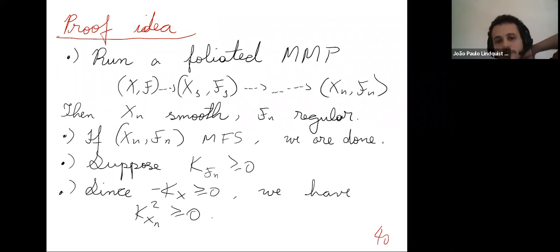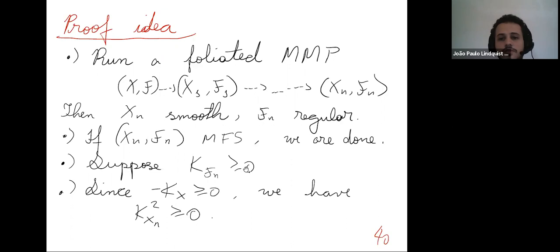We saw that this ends up with X_n smooth and F_n regular. If (X_n, F_n) is a Mori fiber space, in other words, if K_F is not pseudo-effective, we showed the result is true. The foliation is algebraically integrable with rational leaves.